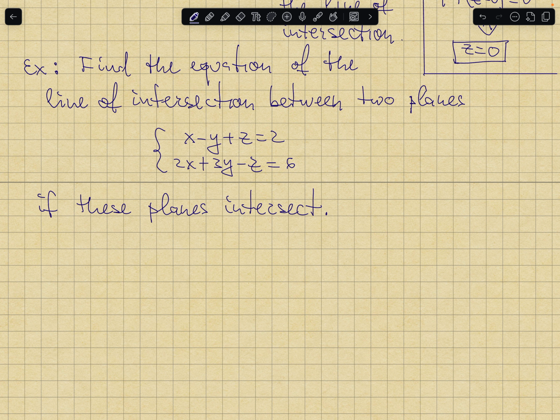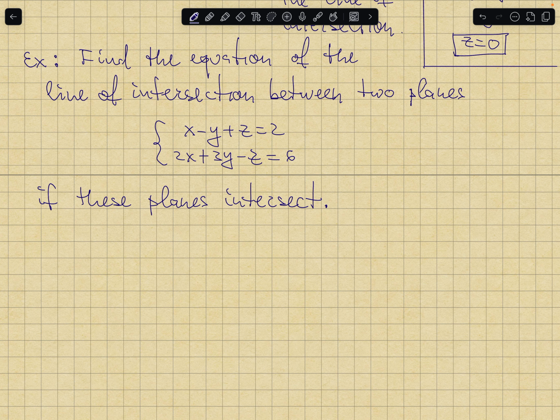Because we have to be mindful of the fact that two planes might be parallel, in which case they do not intersect. So the first question then is, do these planes intersect? And how do we decide? If they're parallel, then they have the same orientation, so they must be perpendicular to the same vectors, to the same line of vectors.